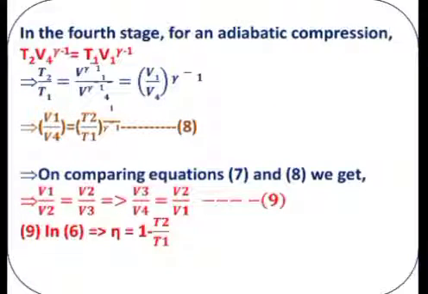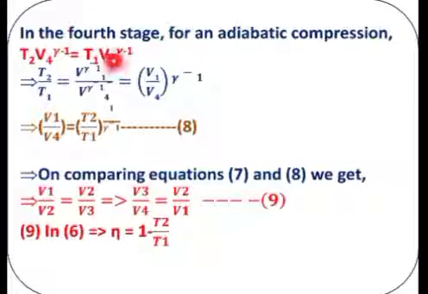Next, in the fourth stage for an adiabatic compression, T2 V4 raised to gamma minus 1, TV is equal to constant, we know. How we substituted T1 and T2 and V2 before, the same we have to substitute for T2 V4 and T1 V1.